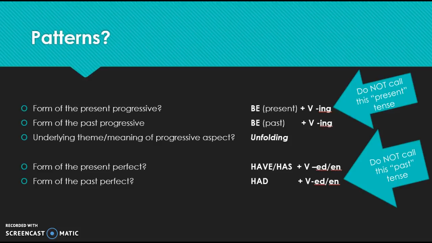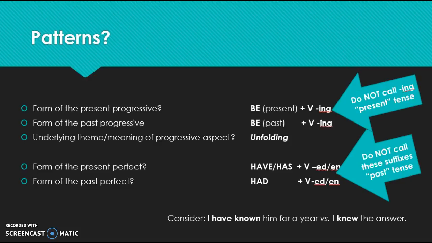And again, we want to be careful that we don't call this, the endings don't refer to present or past tense, because tense is marked on the auxiliaries when we have aspect in English. And we had the example, I knew the answer, simple past, versus I have known him for a year. And the idea that the perfect suffix is not the same as the past tense is more clear with irregular verbs, like the example.